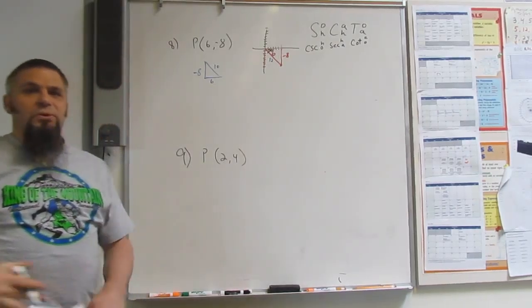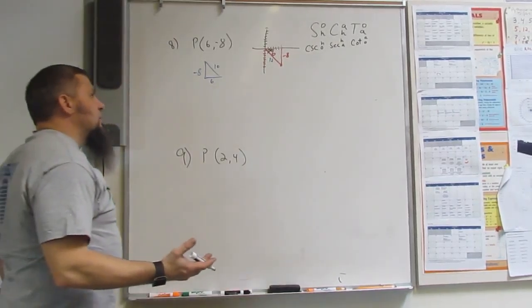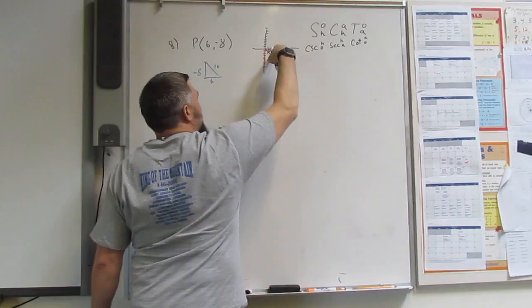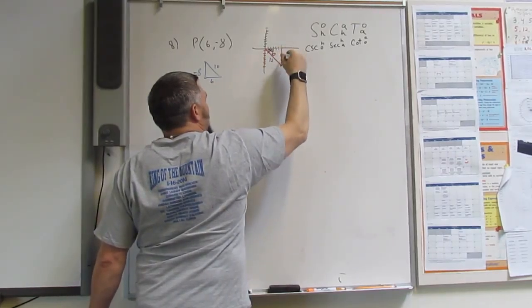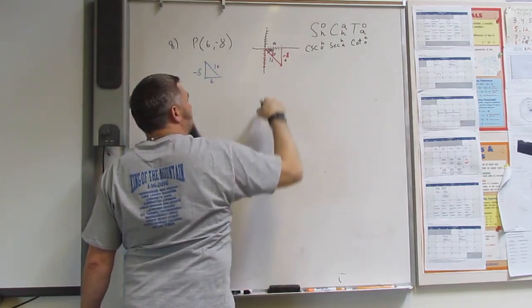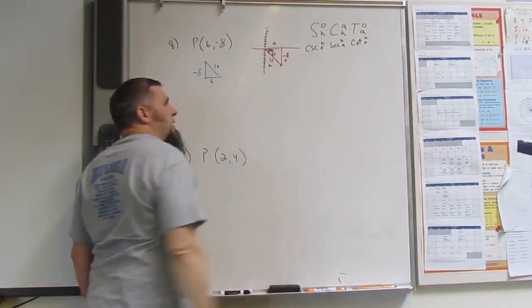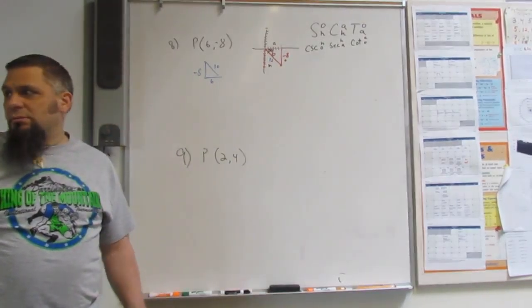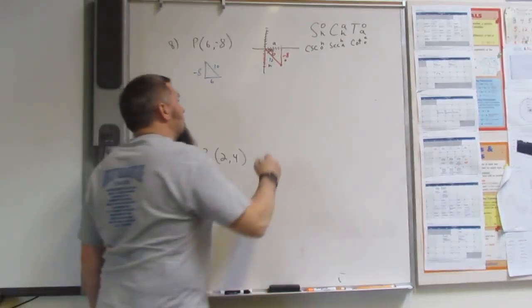Okay? And now I can do all my trig functions. I know my 3 sides. This is opposite. This is adjacent. And this is hypotenuse. And I just plug them in.